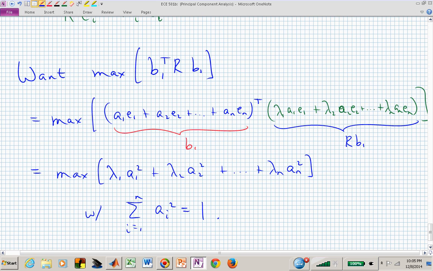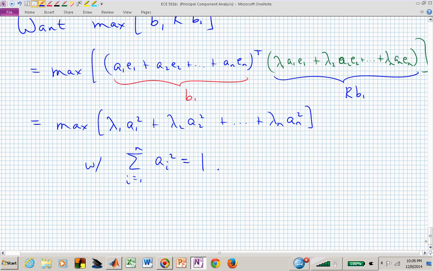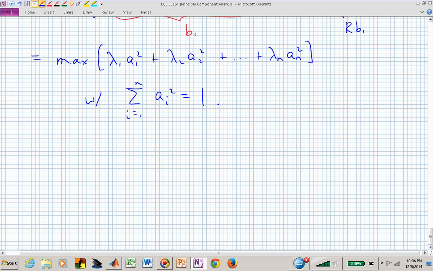Another way of thinking of that is we're forcing b1 to have a norm of 1, and that's okay. We're just trying to find the best direction for b sub 1. We can do that by normalizing these coefficients to give b1 a magnitude, or length, of 1.